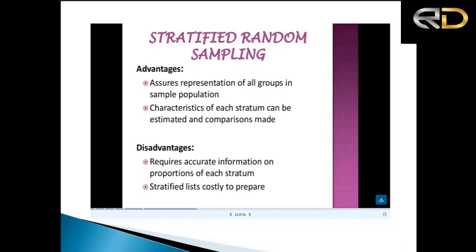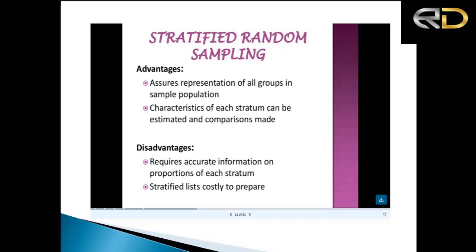Stratified sampling, how we take the sample. There are 2, 3 methods to get the sample from the strata. One is very famous, that is proportional allocation. So we take proportional sample sizes from all strata.